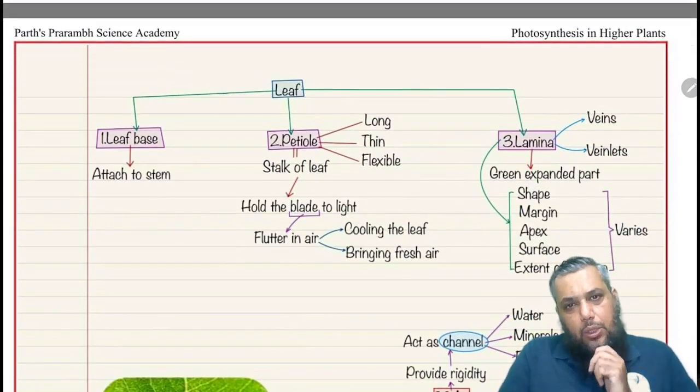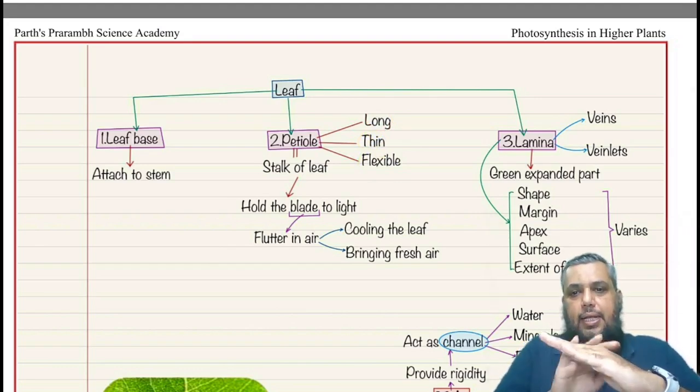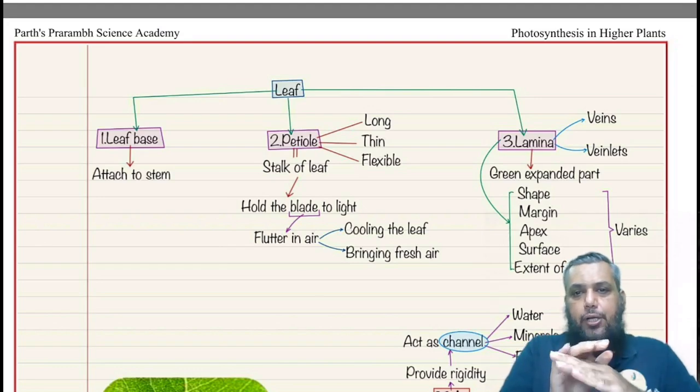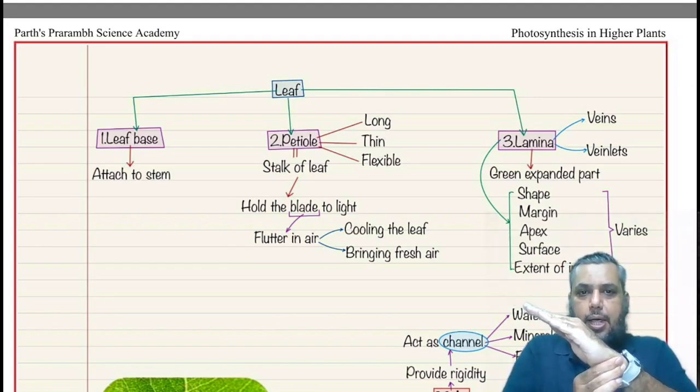What is the function of the petiole? First of all, before the function, you should know that the petiole is a long, thin, and flexible structure. It is also commonly called the stalk of the leaf. अब लीफ का जो ब्लेड है जिसको हम कहते हैं लैमिना, the petiole will hold the lamina. ये petiole, it will hold the lamina, and whenever there is wind, it will flutter it in the wind.